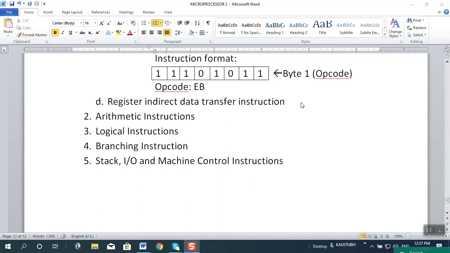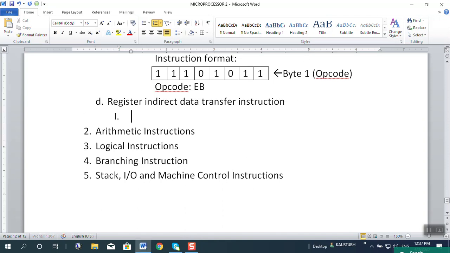So the first instruction, in the first form of instruction, that is your MOV R comma M. Now here is a significant point.